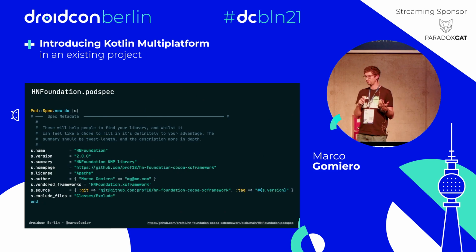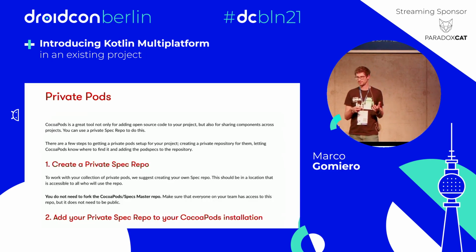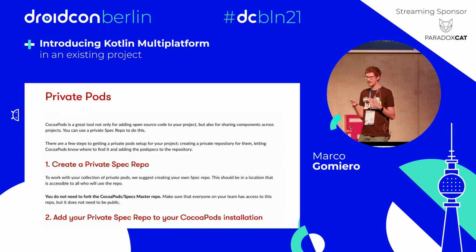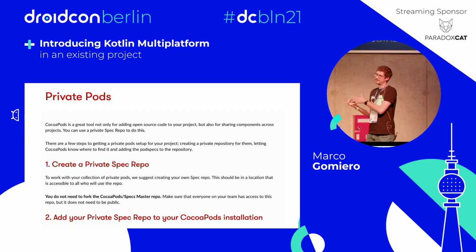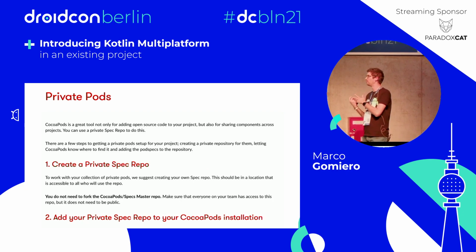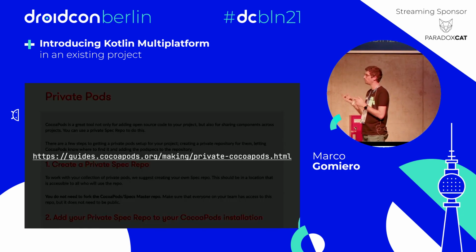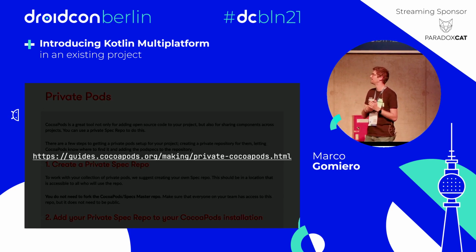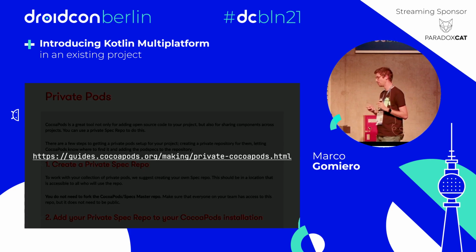And this repository can be private. Yeah, of course, the Git repository can be private, and if you are interested in doing that, I suggest you follow this tutorial on the CocoaPods website that is really well made, and I was able to create it without any problem.